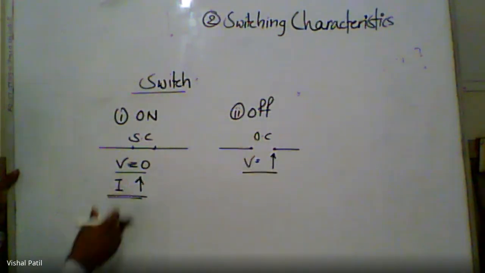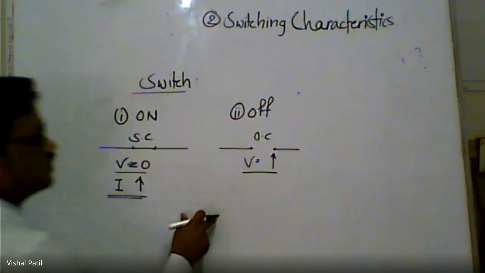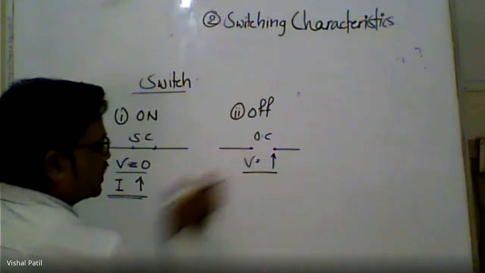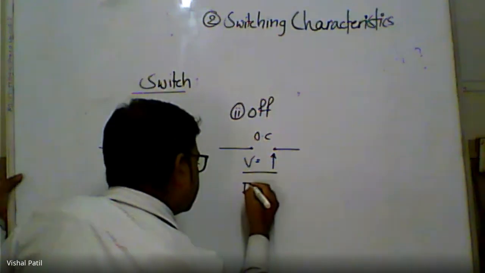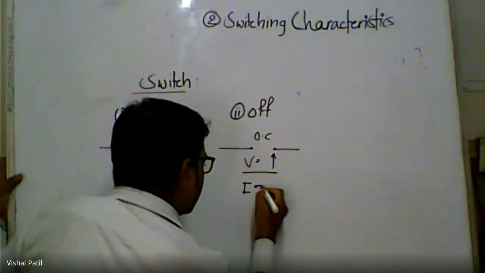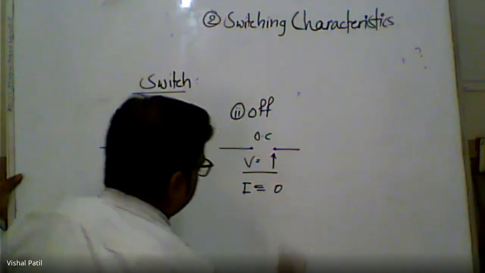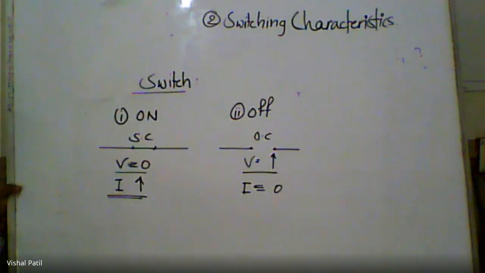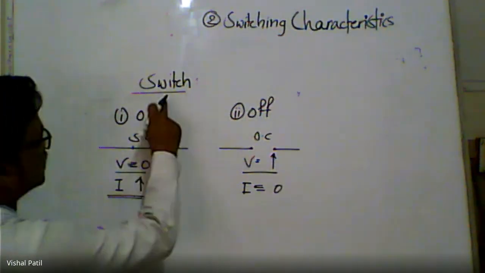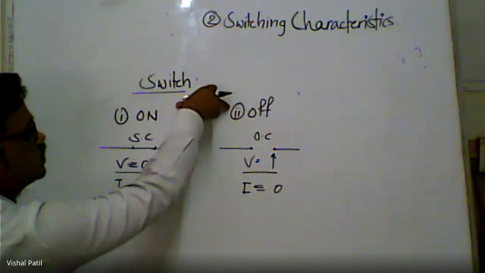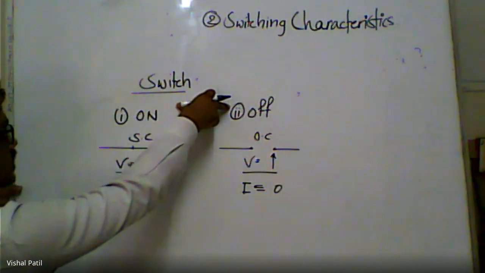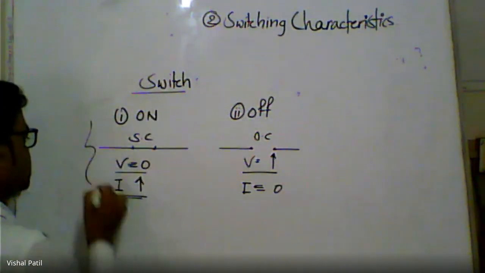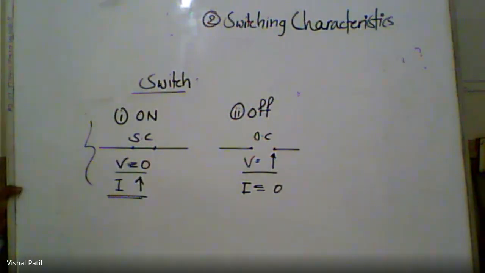Let us say we are connecting a thyristor, so these two terminals must be anode and cathode, provided there is no current. So when any switch operates, it operates in two states, either on or off, and in those states, it represents these characteristics.